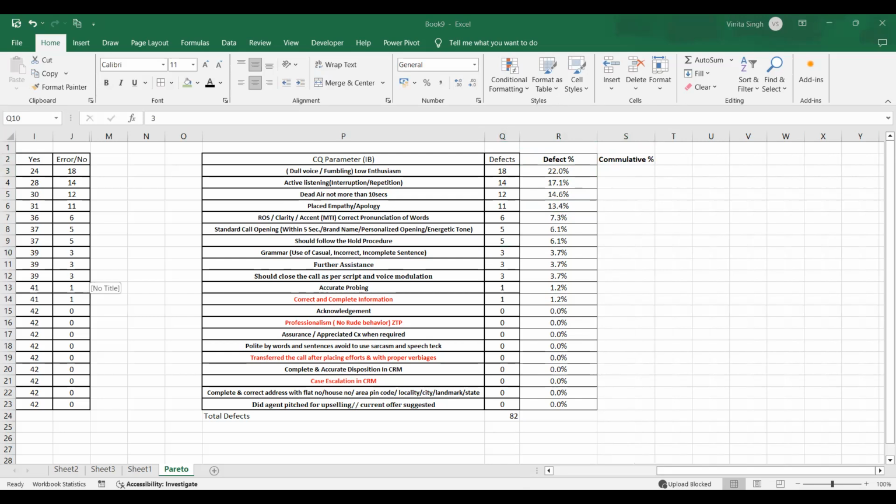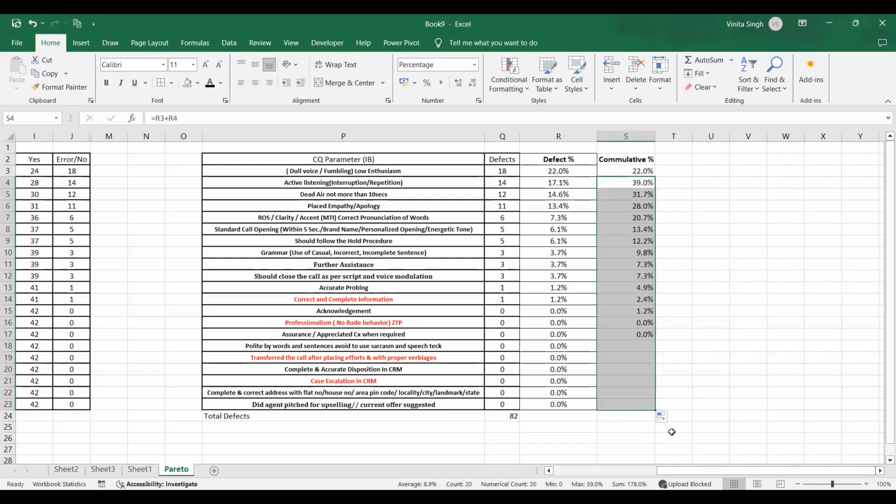There is a formula, and what is the formula? To identify that, we keep this equal, and then we add in this way, in increasing order.